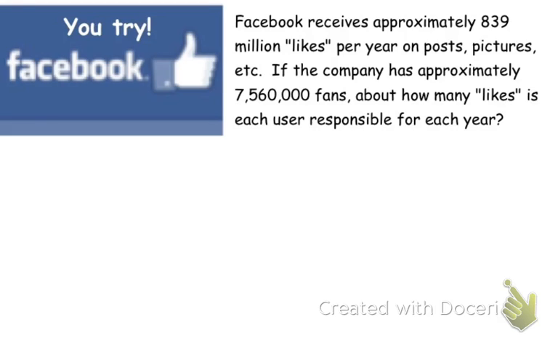So one hint for this problem is to write out 839 million in standard form before you convert it to scientific notation. Be sure to convert 7,560,000 into scientific notation as well to apply the rules that we've learned in the previous examples.